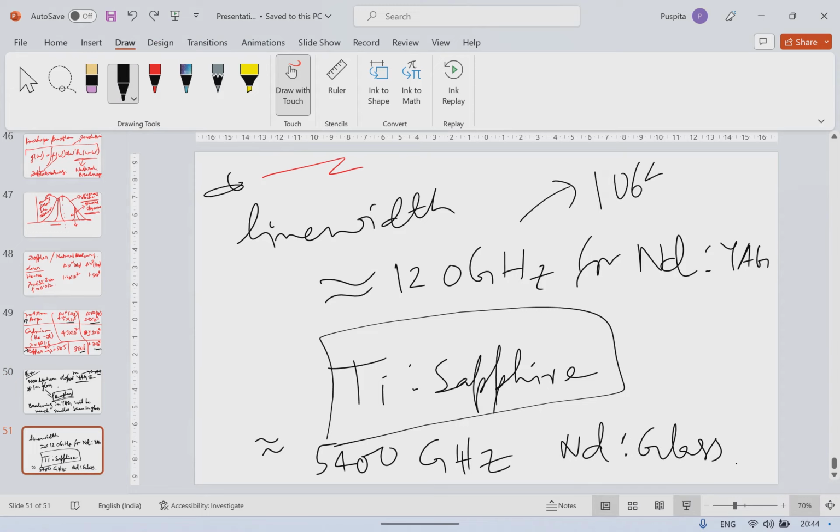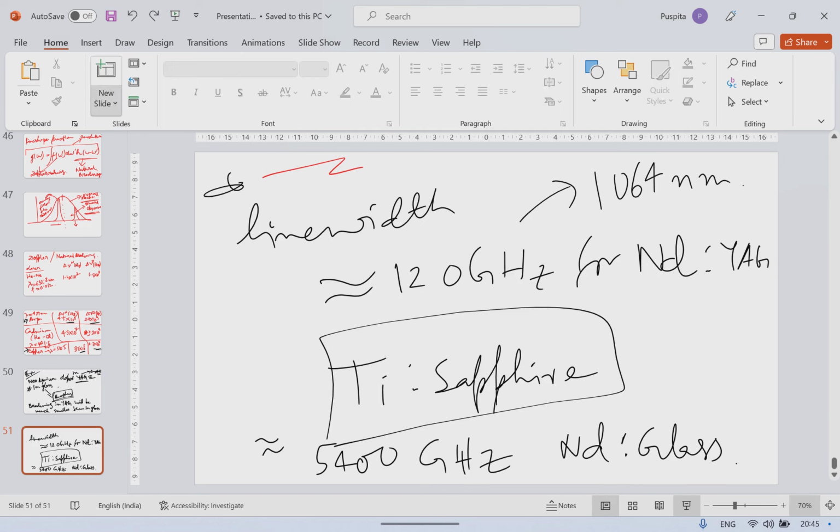It is 1064 nanometer. Current state of the art Nd:YAG system has 1064 nanometer. But nowadays it starts with that. But from that we can generate different kinds of frequency using a nonlinear crystal.